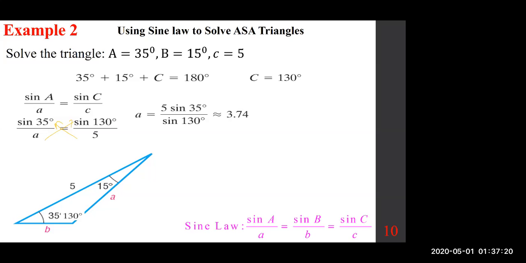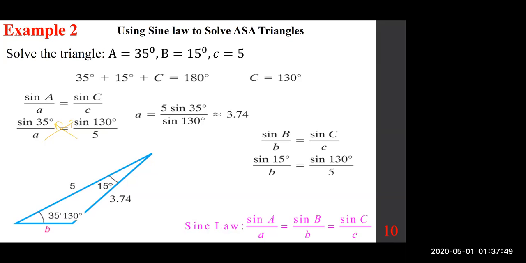Now, we can use the same thing, sine C over C, which is sine 130 over 5. And this time we find the B, sine 15 over B, in the following manner. So we got this 3.74, okay, class? So now you can do the cross product.